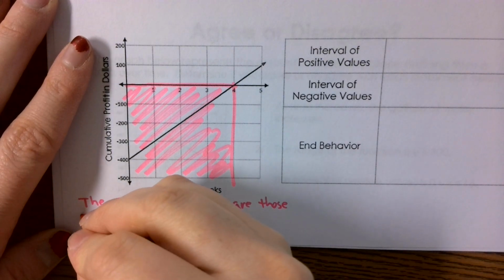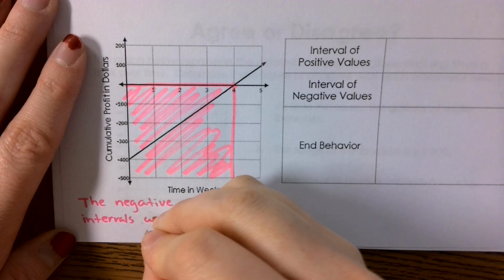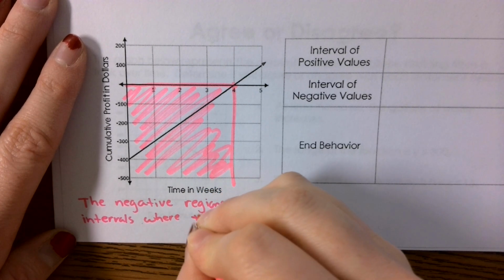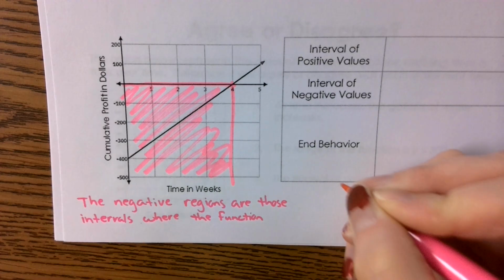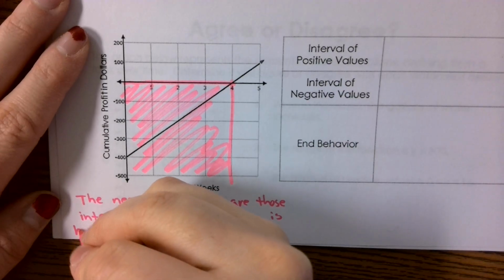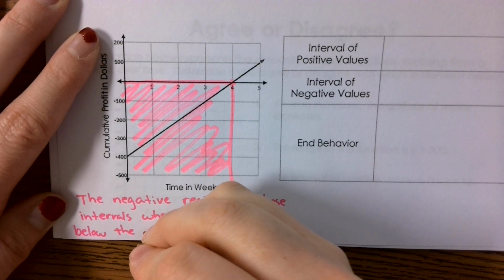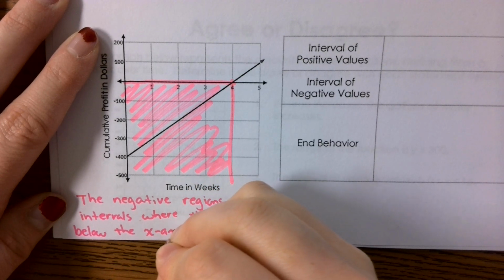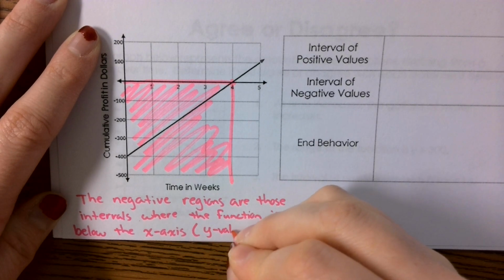And they are the intervals where the function is below the x-axis. So again, that's when the y values are negative.